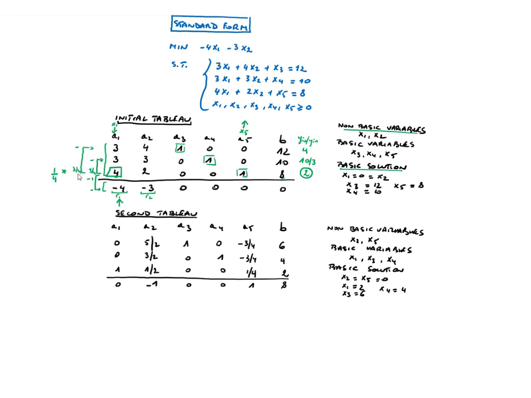So we are now ready to do the elimination procedure. In this initial tableau, what we have to do as well is to multiply this third line by a quarter, so that we have here in the second tableau a unit pivot.